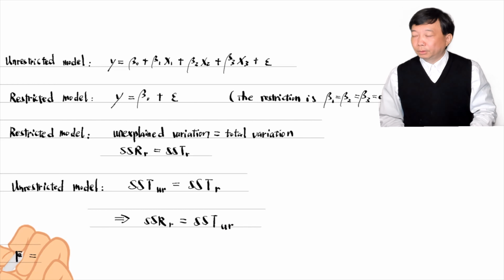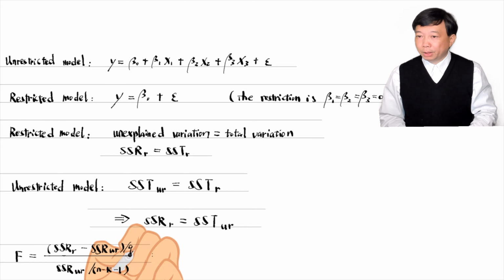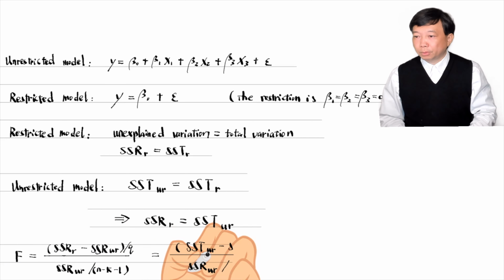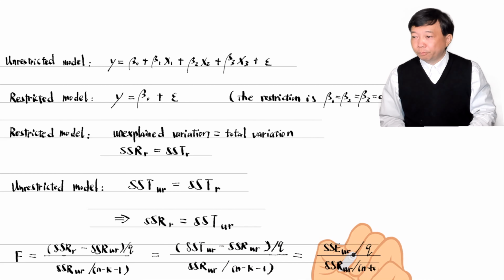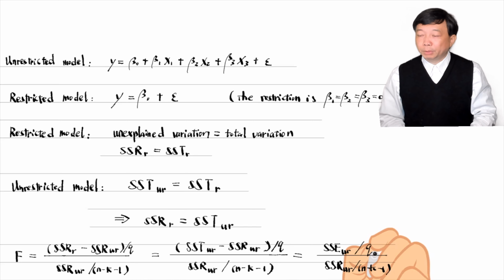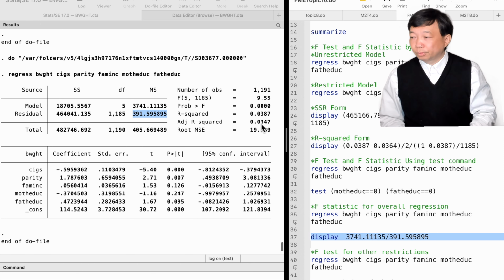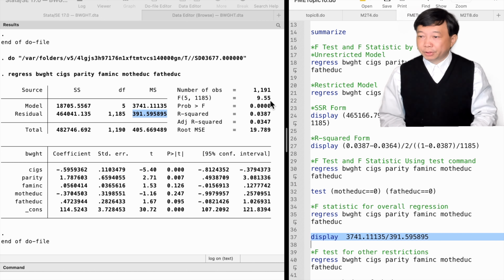Then the numerator becomes the explained sum of squares from the unrestricted model divided by its degrees of freedom. It is 3741. The denominator is the residual sum of squares from the unrestricted model divided by its degrees of freedom. It is 392. The ratio equals 9.55, which is the F statistic.